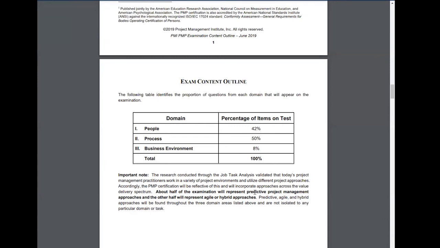Hindi ko pa alam, hindi pa ipinalabas yung 7th edition. Pero most probably similar lang, may additional lang.